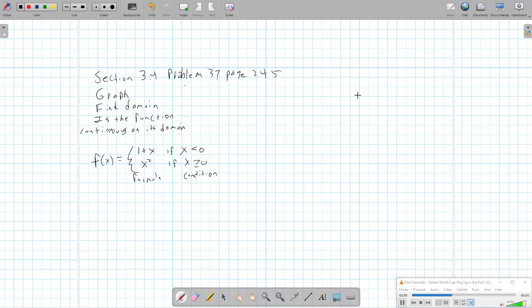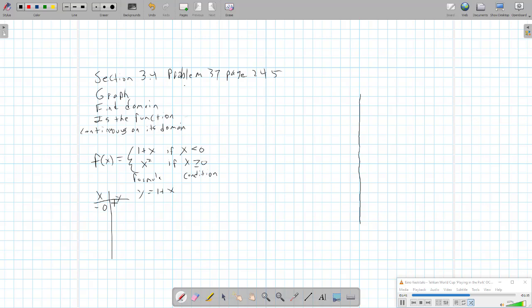So let's go ahead and make ourselves some axes to draw on. Alright, make ourselves a point table, so you can see where we're doing. Let's do the first part, y equals 1 plus x. That's only going to be for x values less than 0. So I do actually want to plug in 0, even though I don't actually have a point there.